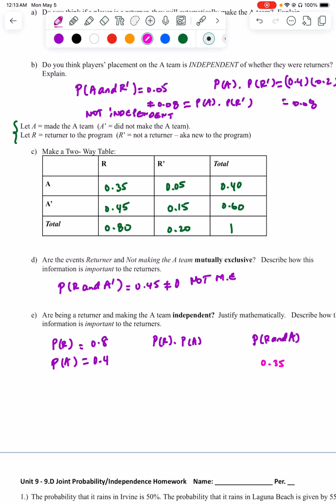And I know the probability of R times the probability of A, that's the total from R and the total from A, which we just had. That's 0.32. And these are not going to be equal, because the left hand side is 0.35 and the right hand side is 0.32, and they're not the same number.